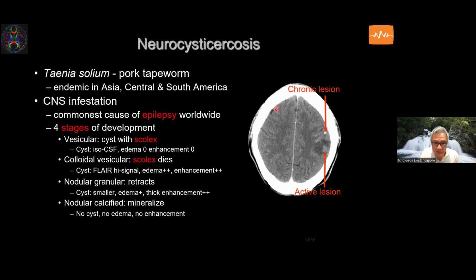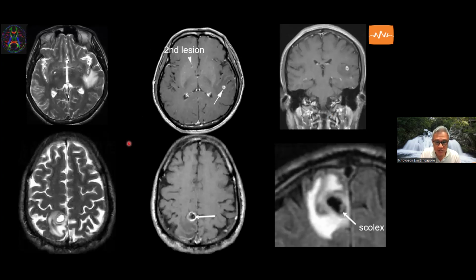So the appearance of two different stages, such as the active colloidal vesicle enhancing edematous lesion and a chronic lesion or another lesion with a cyst, is a very good marker and a clue that we're dealing with neurocysticercosis, such as in these two patients.